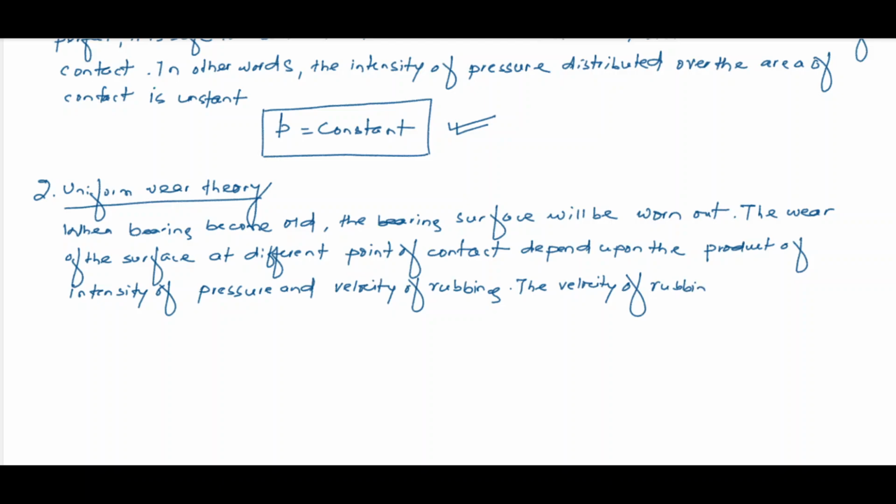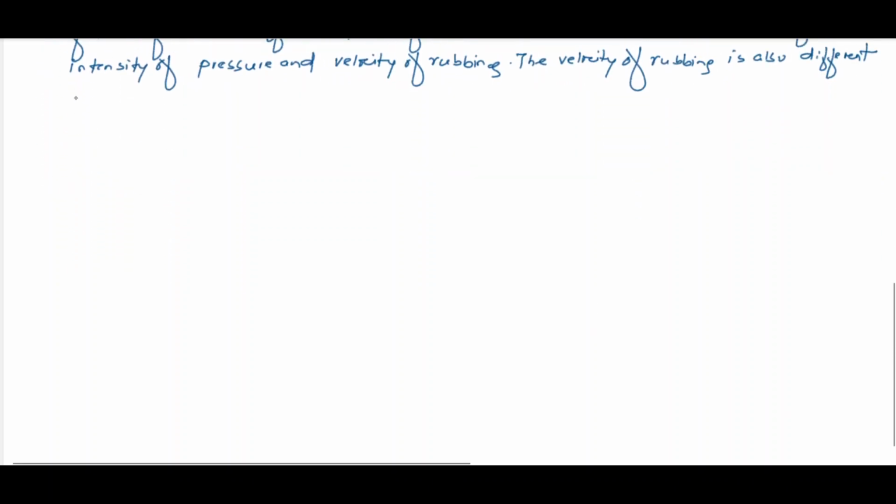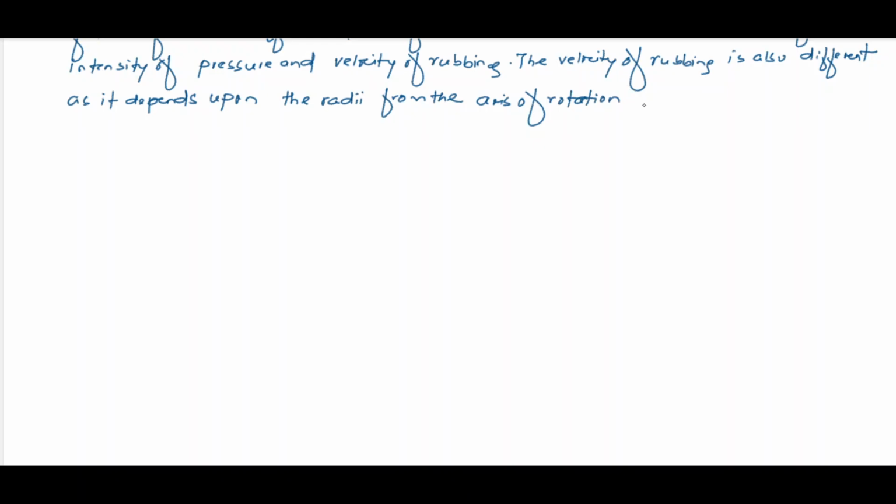Okay, now the velocity of rubbing is also different as it depends upon the radii from the axis of rotation, for a given uniform angular speed of shaft.